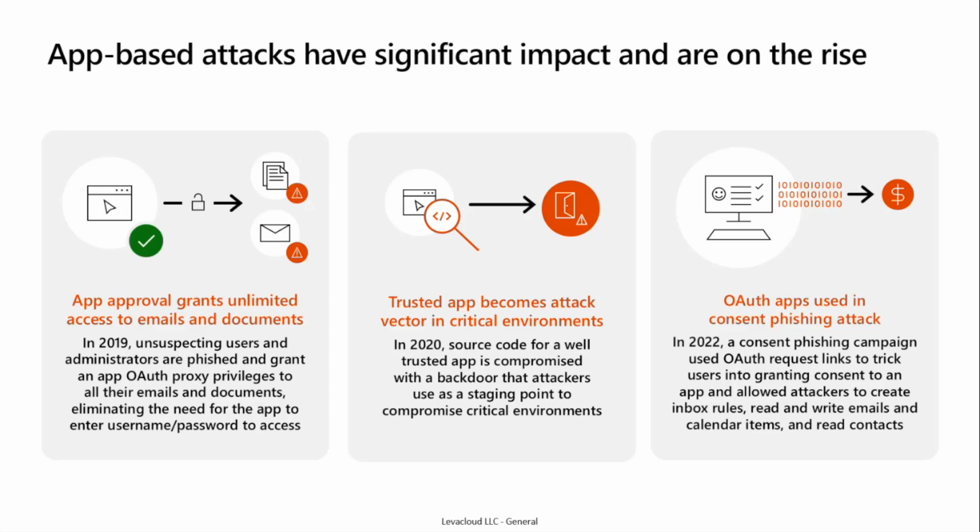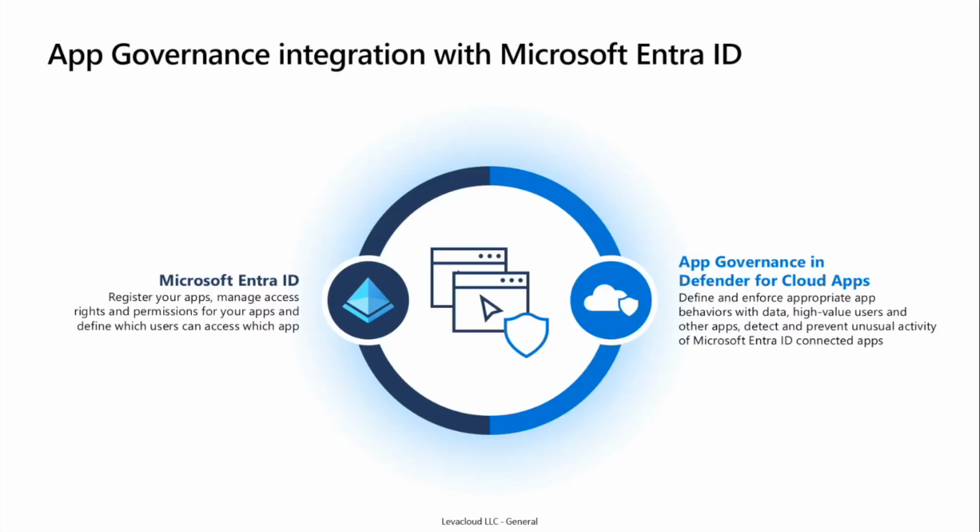And then, look at 2022, an actor uses an OAuth consent phish to access an app and exfiltrate data. And if you have the Microsoft app governance in place, it'll show you these applications so that you can quickly shut them down. But year over year, these types of threats are growing, and they're coming up with new and creative ways to approach them. So we need a way to protect ourselves against these different threat vectors.